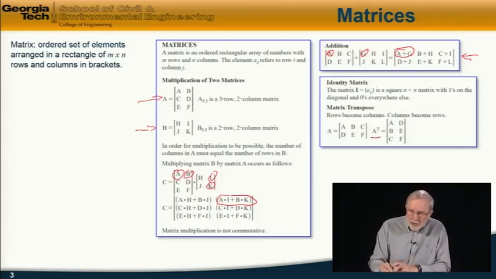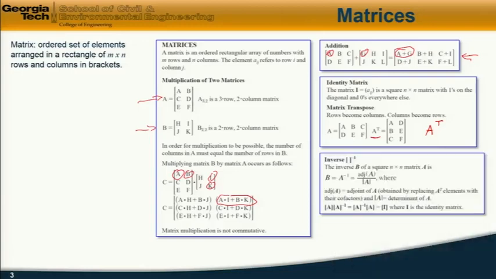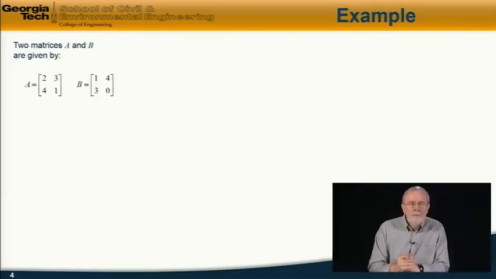To transpose a matrix, we simply reverse, the rows become columns and the columns become rows, and the transpose matrix we usually denote by A superscript T. And finally, we have the inverse of a matrix. A to the minus 1 is the adjoint of the matrix divided by the determinant of the matrix. But again, I give these definitions for completeness, but I doubt that they will arise in the actual exam.